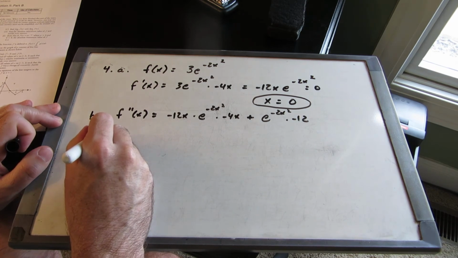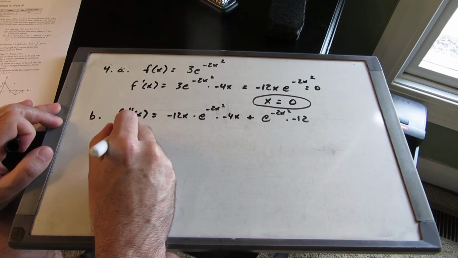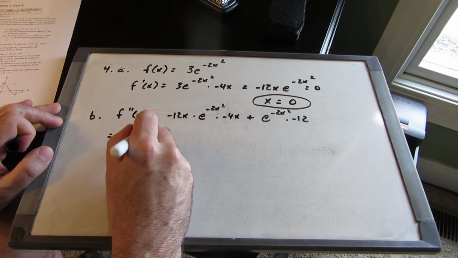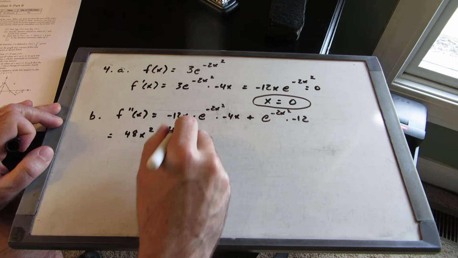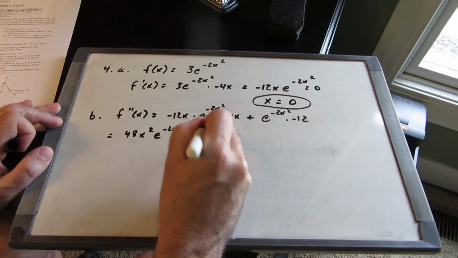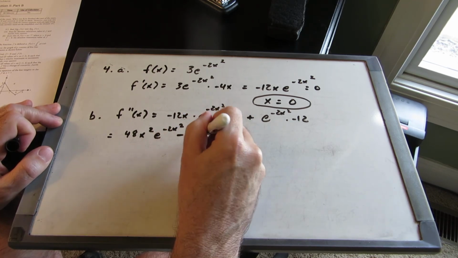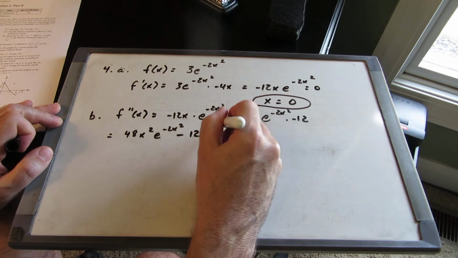All right, so that is going to be 48x squared e to the minus 2x squared minus 12 e to the minus 2x squared.